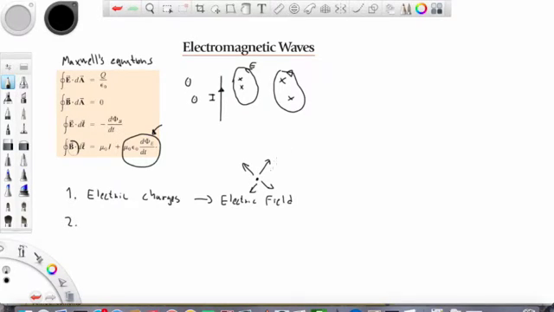Then if we make these charges move, so when we have moving electric charges, like in this conductor, we also create a magnetic field.